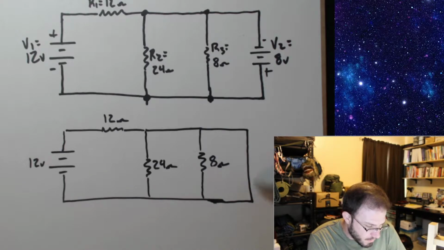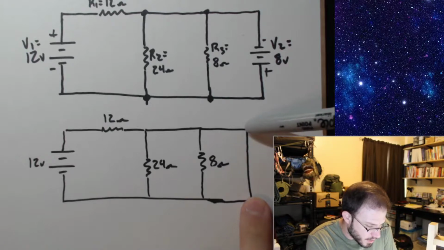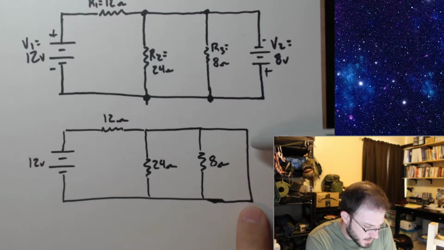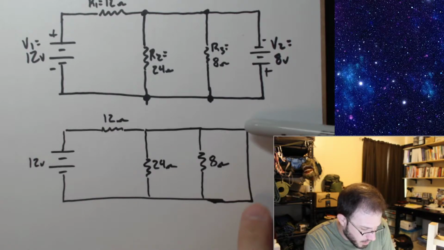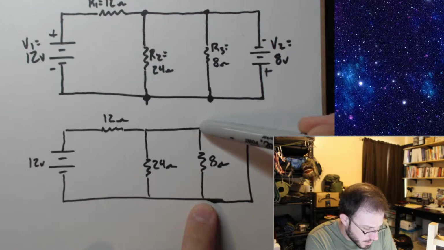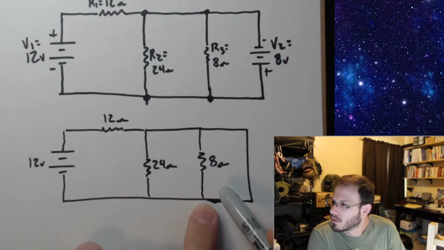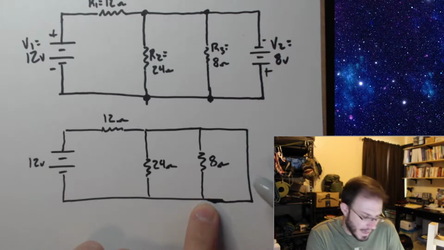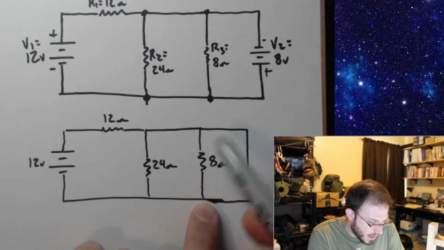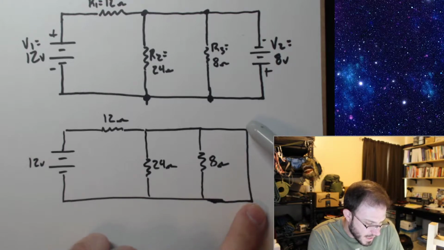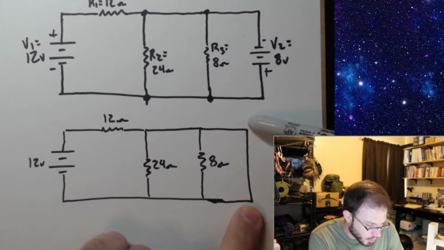When we shorted out V2, what did we just do? We put a 0 ohm wire in parallel with this 8 ohms. So what's going to happen to this 8 ohm resistance over here? Yeah, we're going to lose this 8 ohm resistor because it's in parallel with a short.